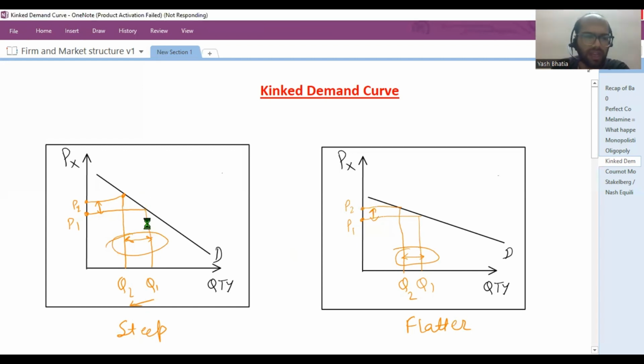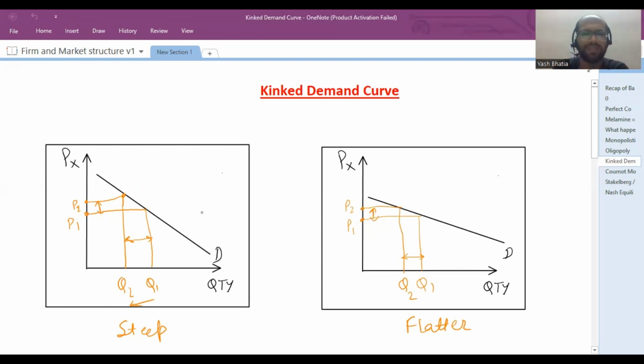So what this means is that the curve on the left hand side, for the same unit of increase in prices, quantity demanded is falling more. That means it is more elastic, and the curve on the right hand side is less elastic. Why is it less elastic?